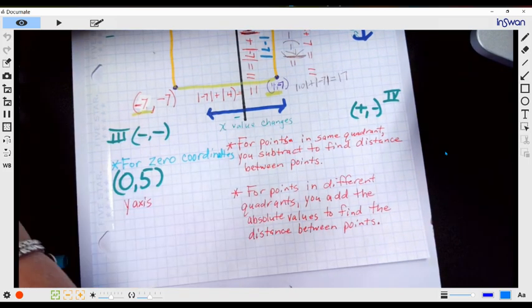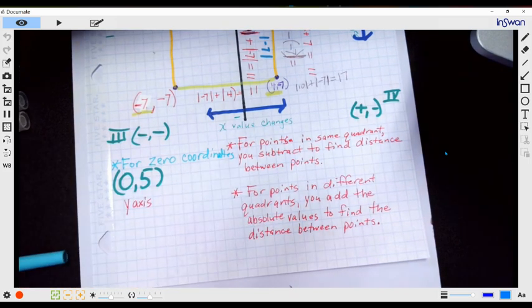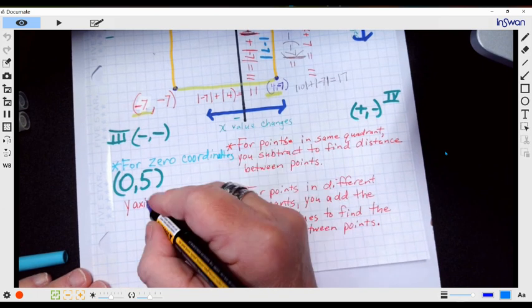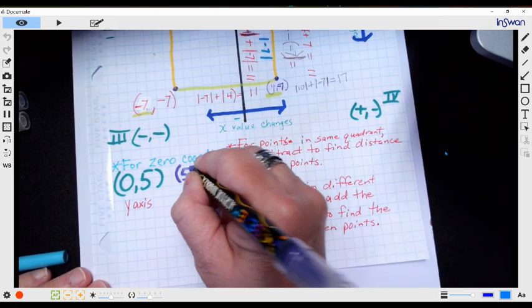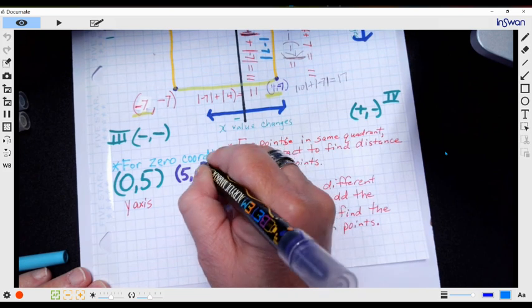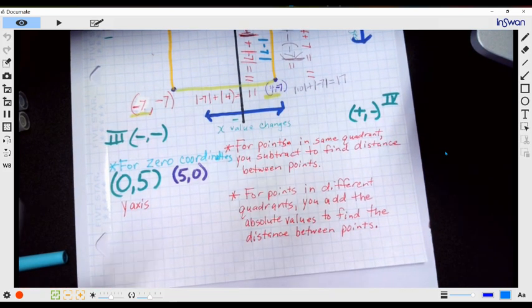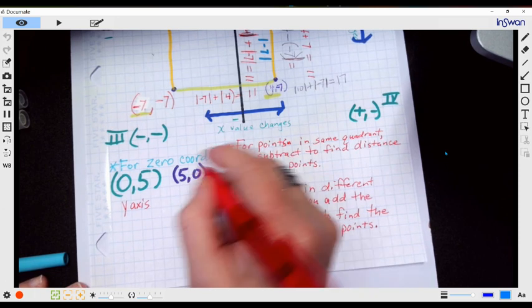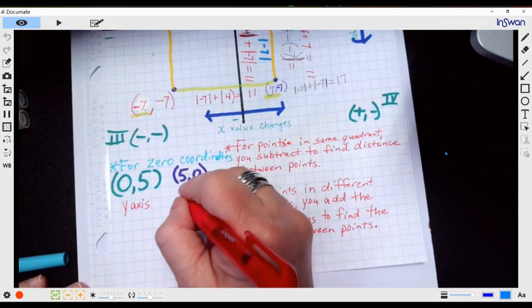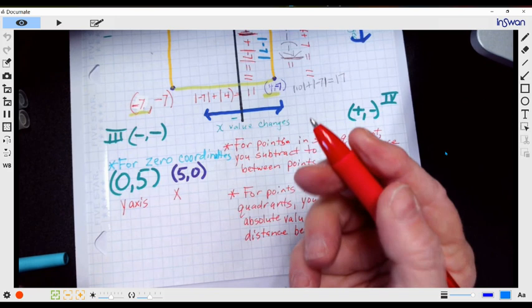If I have the same thing, but the y is the 0, say the point is 5, 0, then that point is going to be located on the x-axis.